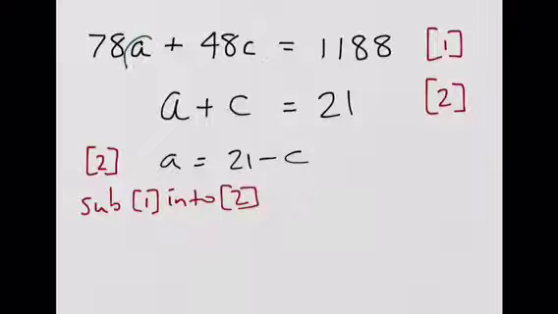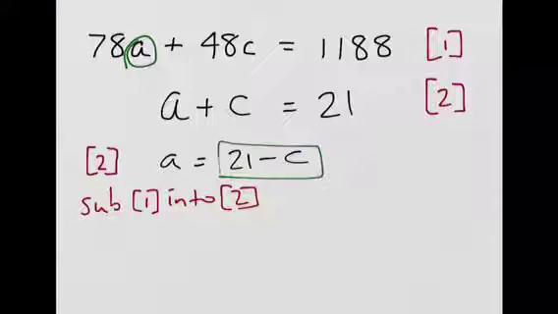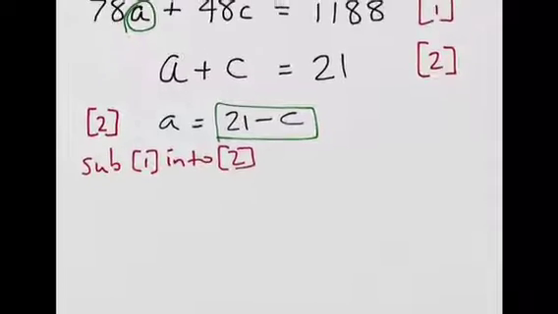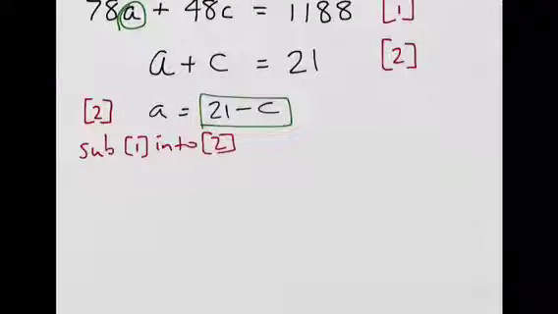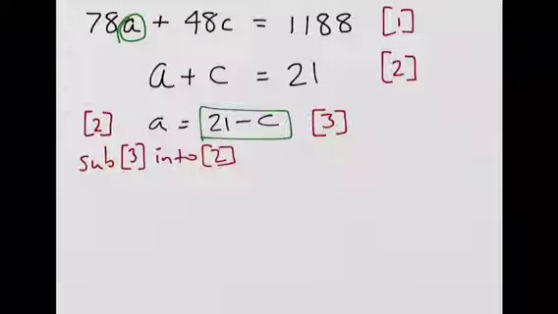We're going to replace this A in equation 1 with 21 minus C, because we know A equals 21 minus C. Sorry about that, I messed up a few times. We sub equation 3 into equation 1.